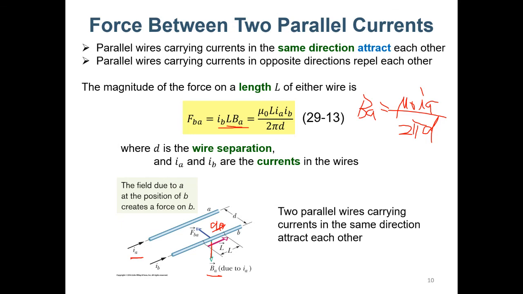And L has the same direction as the current, so the direction of the force is L cross BA. L points to this side and B points to the bottom, so L cross B points to this side.